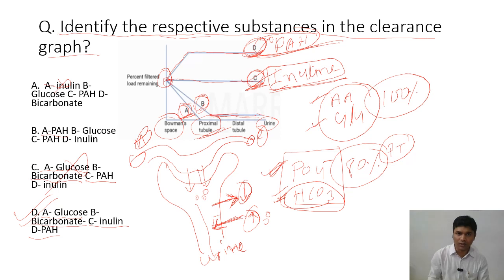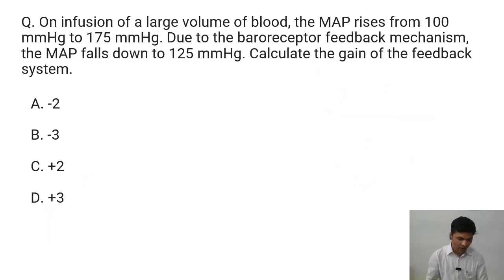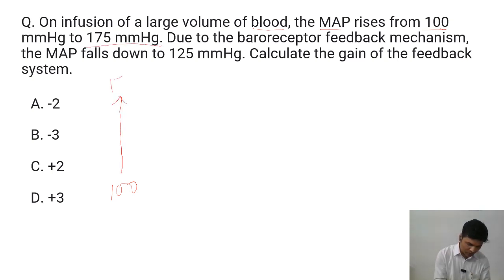So let's move to the next question. Here the question is, a large volume of blood is infused, and mean arterial pressure rises from 100 millimeters of Hg to 175 millimeters of Hg.